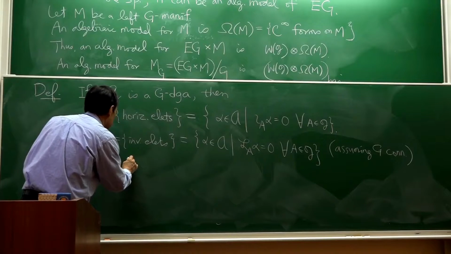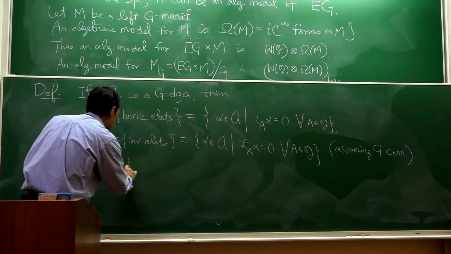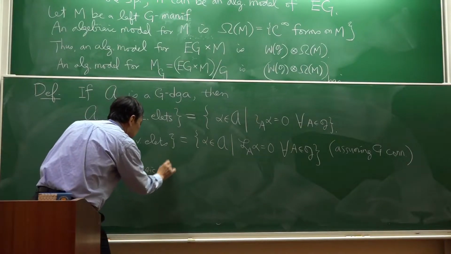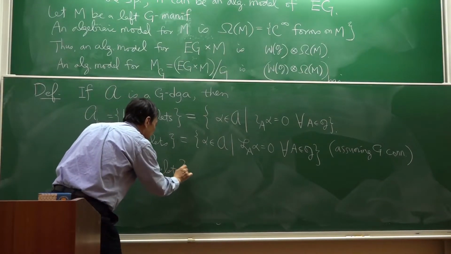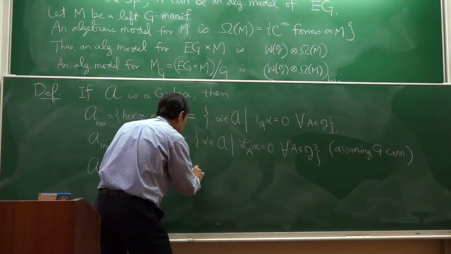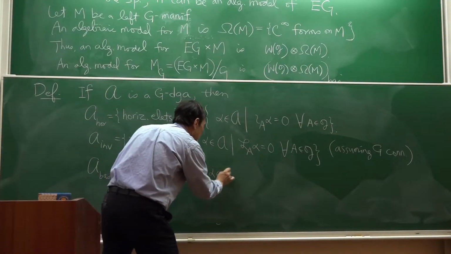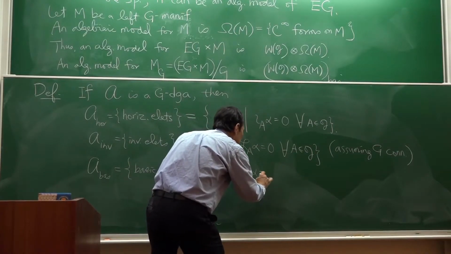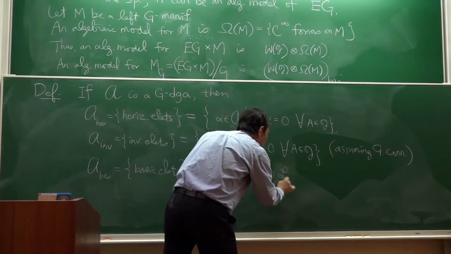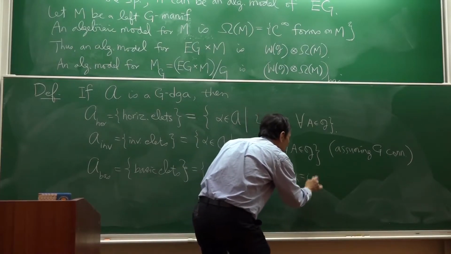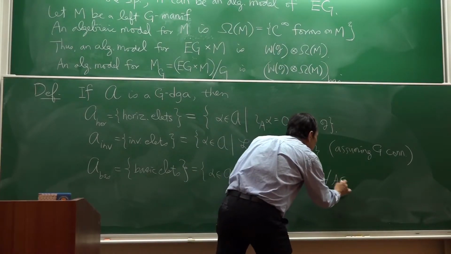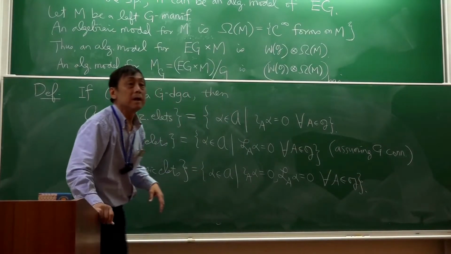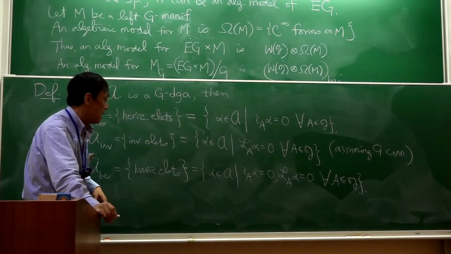So basic elements: IA is 0 and LA is 0. Okay.